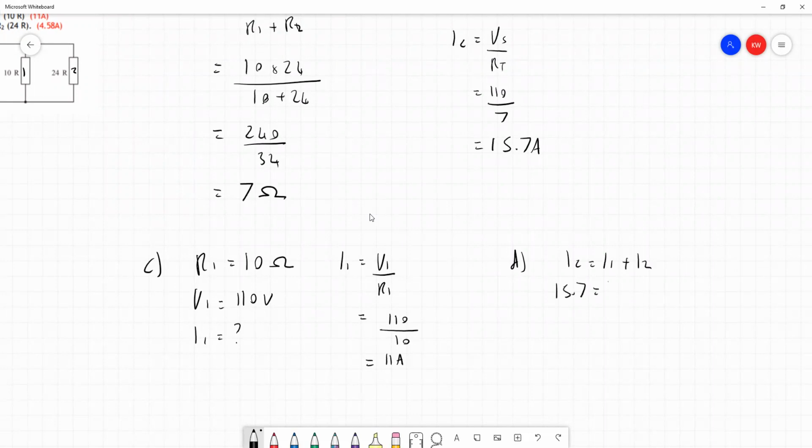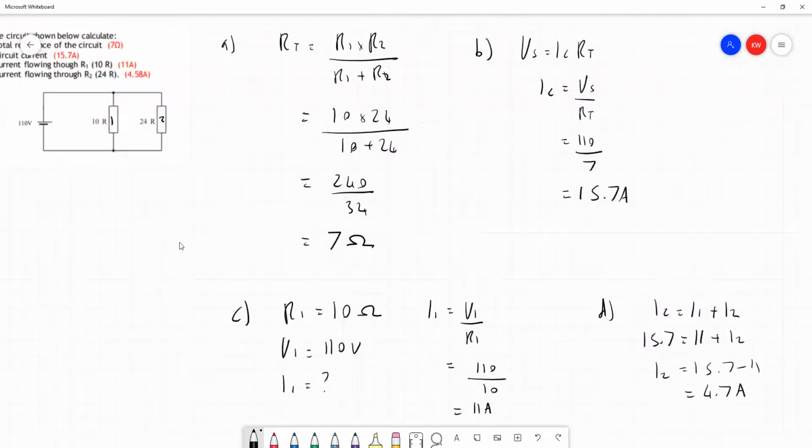We've just worked out that the current in branch 1, where resistor 1 is, is 11. So that leaves I2 being 15.7 minus 11, which is equal to 4.7 amps. And you'll notice that this is in fact different to what we have in the question over here.